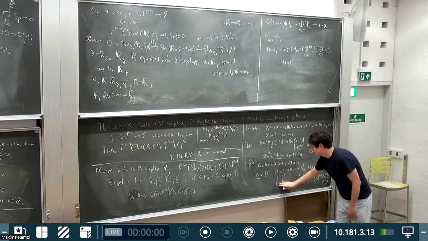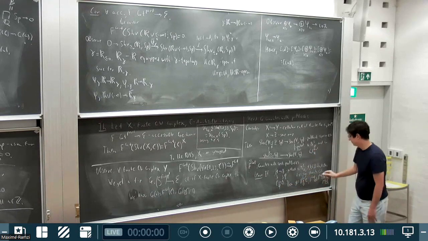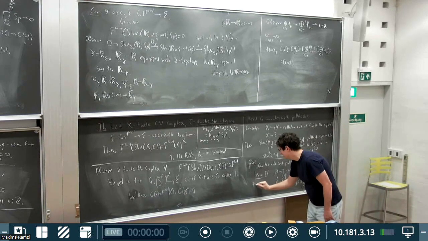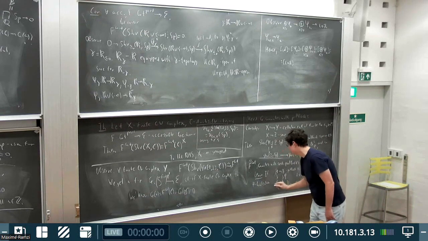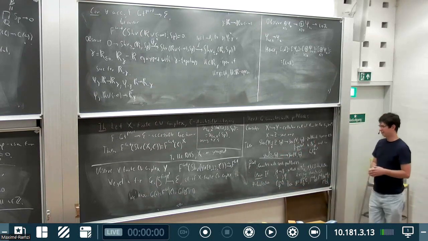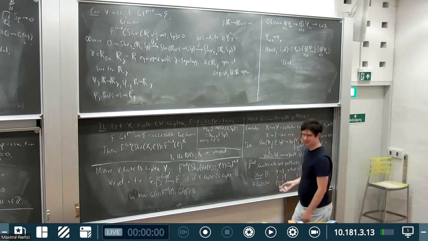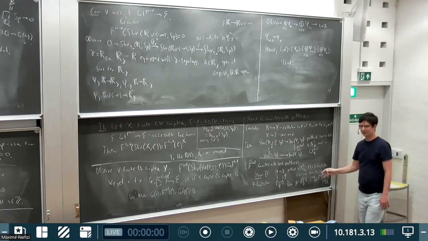I'm sorry for using the same letter many times. Let's say the right vertical map is localization, then phi is localization. Then the left vertical map is also localization, and basically the kernels of vertical maps are the same. And so this way you reduce that localizing invariant commutes with such pullbacks.